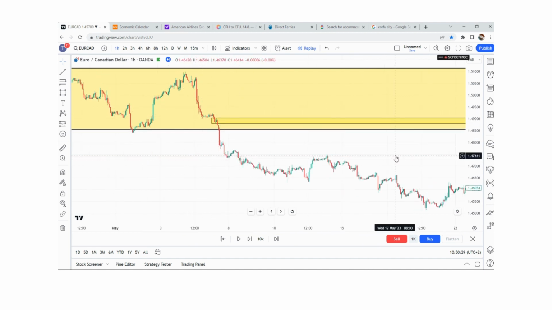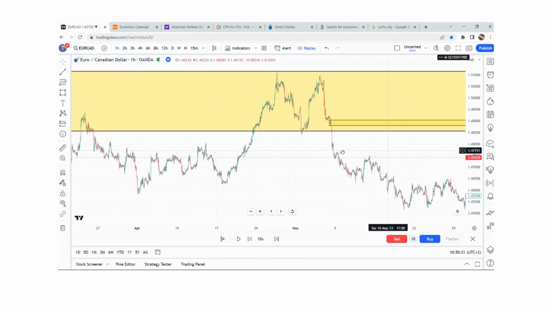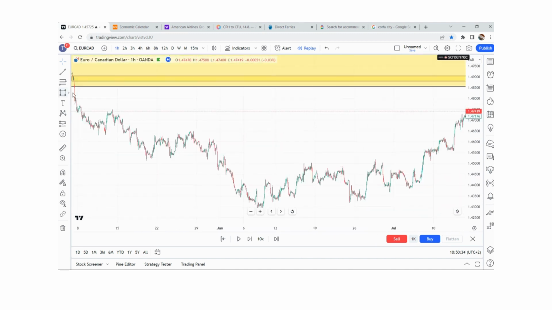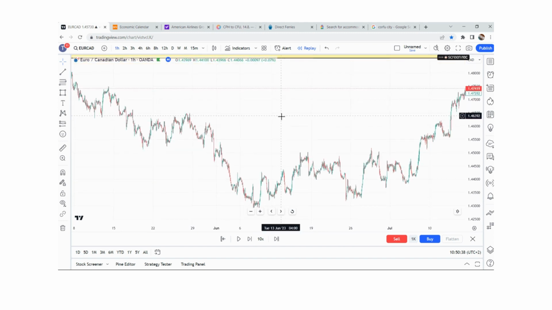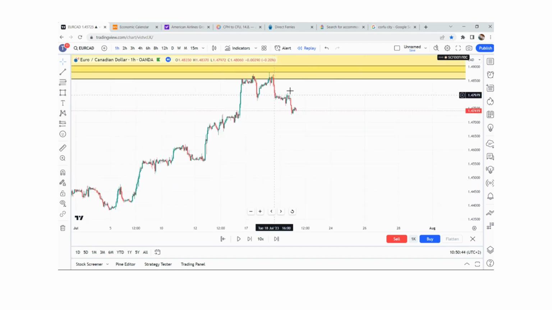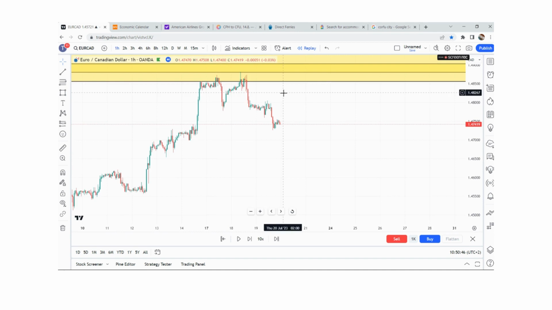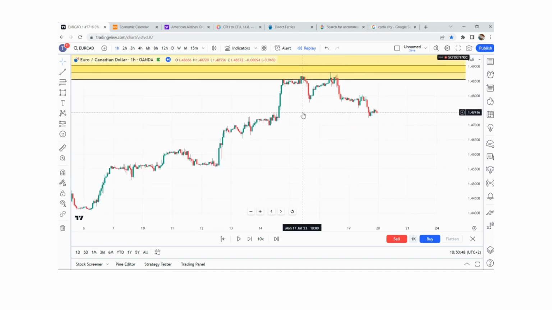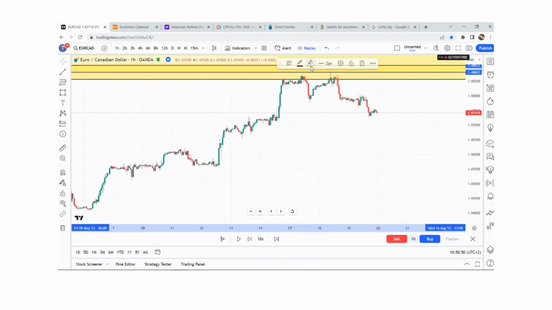So after that, when price tapped into the 1 hour supply zone, we wanted to go on the lower time frame for entry. So what I did here is, first of all, let me make the 1 hour supply zone another color so you can see it.